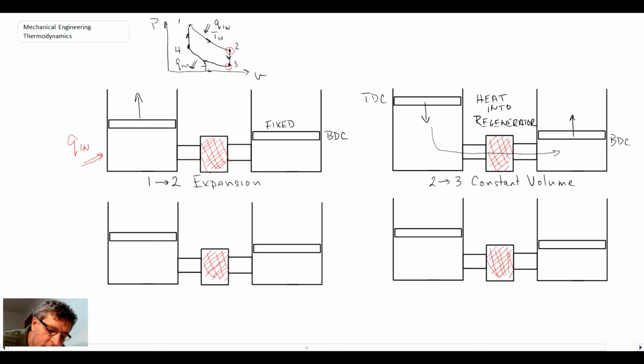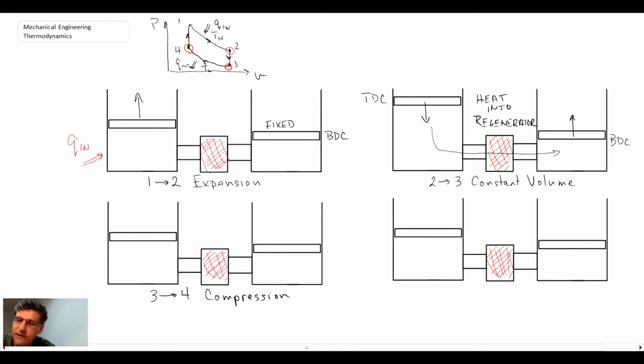Let's now look at 3 through 4. This is where we're rejecting thermal energy at a constant temperature. And the rejection will be from the cold cylinder. So this is going to be 3 through 4. And we refer to it as a compression process.